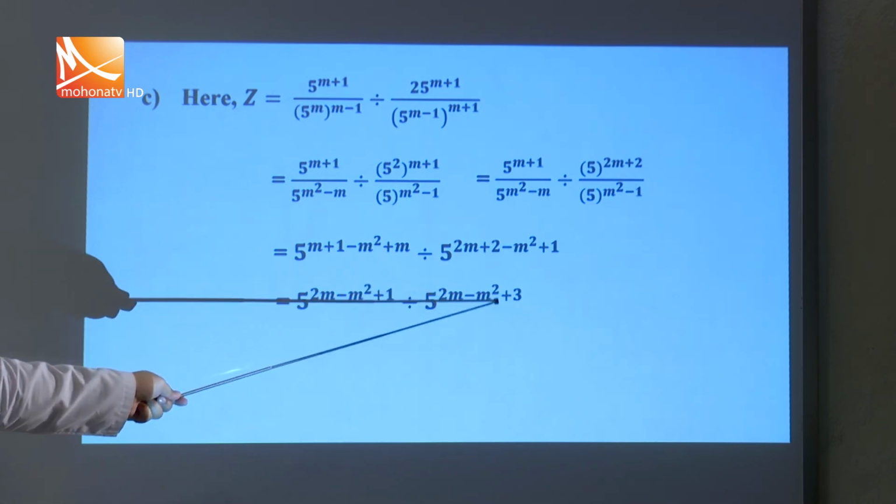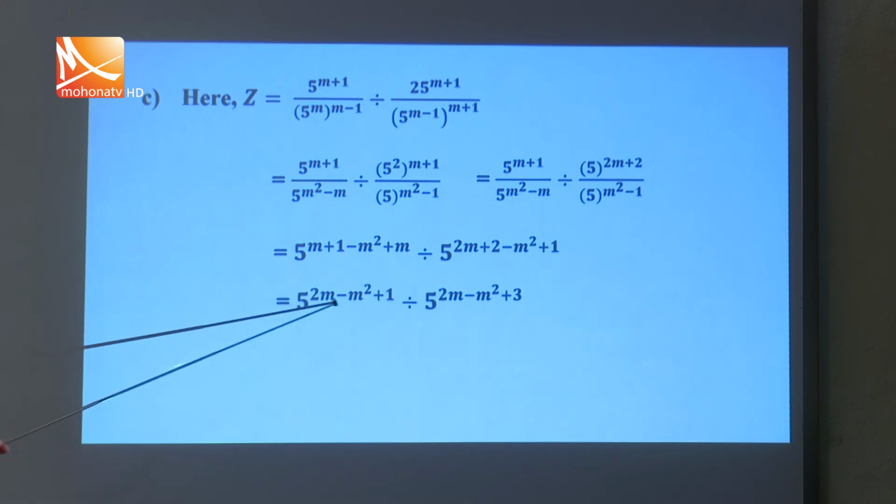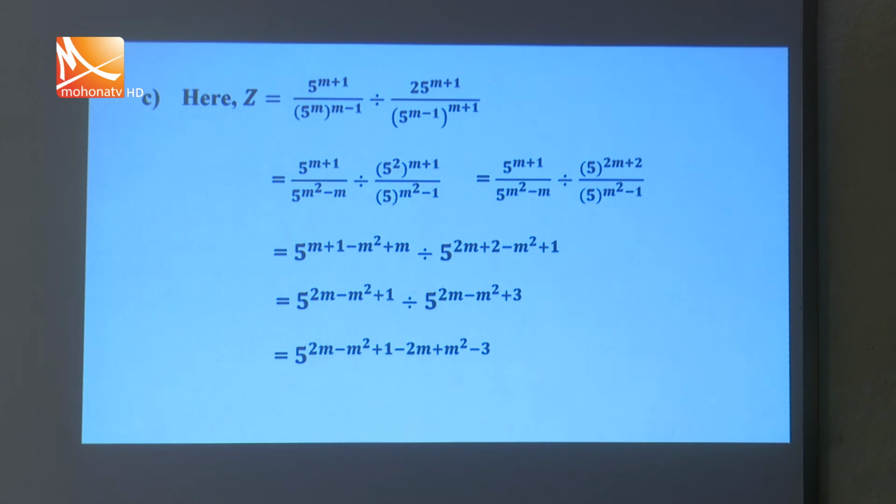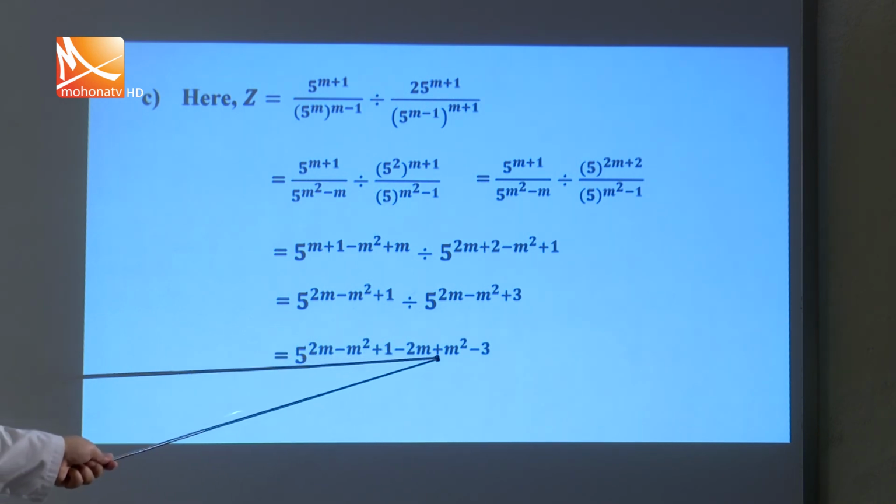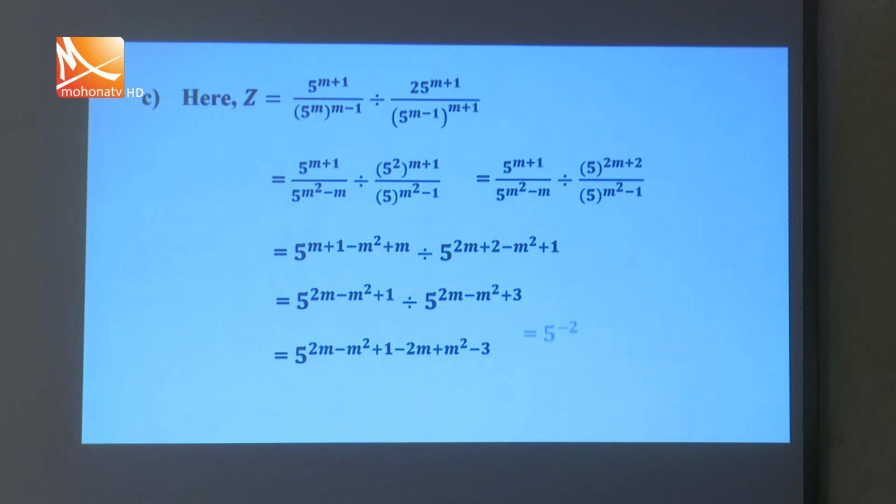Divided by 5 to the power 2m minus m square plus 3, and since bases are equal here also and there is a division sign, we can subtract their powers, which is 5 to the power 2m minus m square plus 1 minus 2m plus m square minus 3, and it will give you 5 to the power minus 2, which is actually 1 over 5 square according to our negative index. So, it will give you 1 by 25.